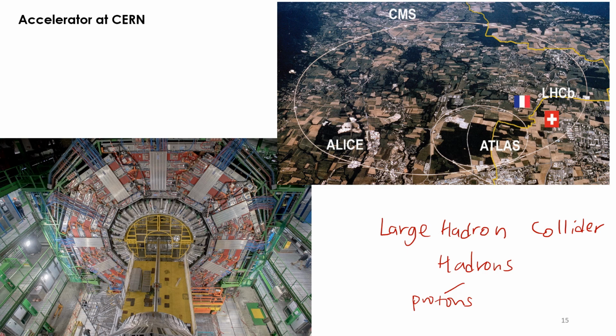The majority of its length is on the French side of the border. It uses a circular tunnel with a circumference of 27 km. So CMS, ALICE, and ATLAS are some of the detectors used. And this would be the accelerator, where the accelerator is.